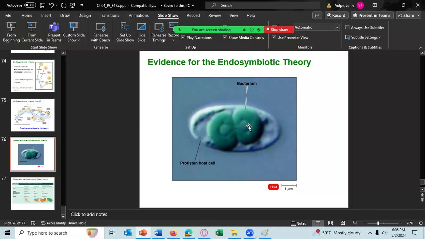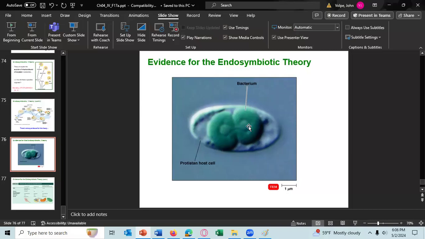Also, there's a family of amoeba which lack mitochondria. And these amoeba go out once they are newly formed, probably by mitosis, or maybe meiosis, I don't know.